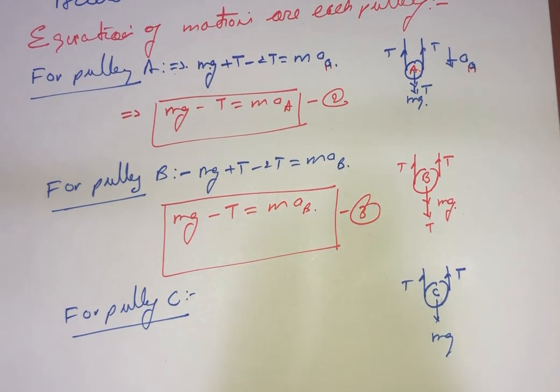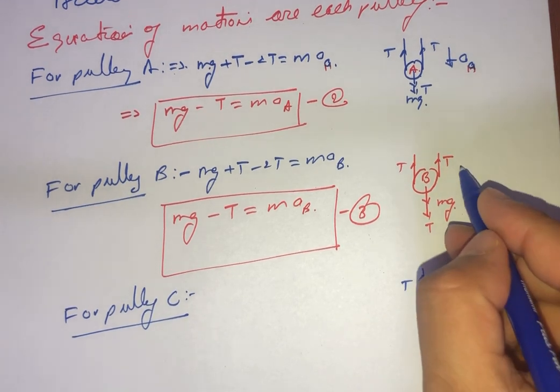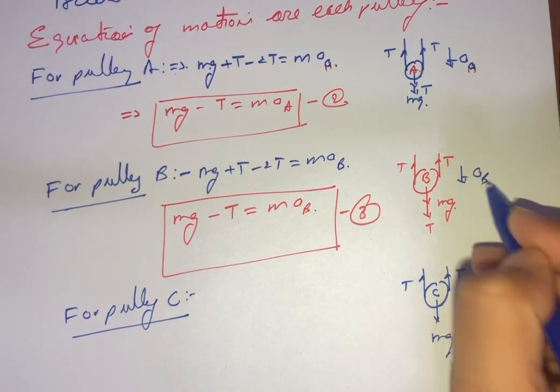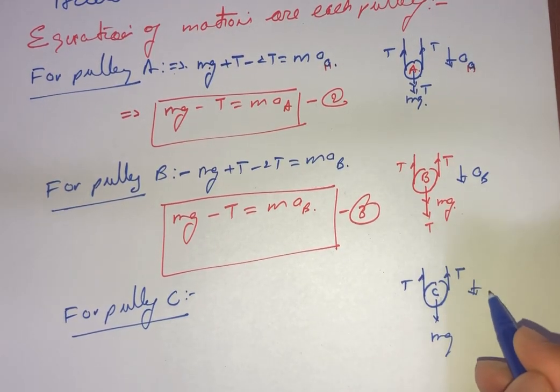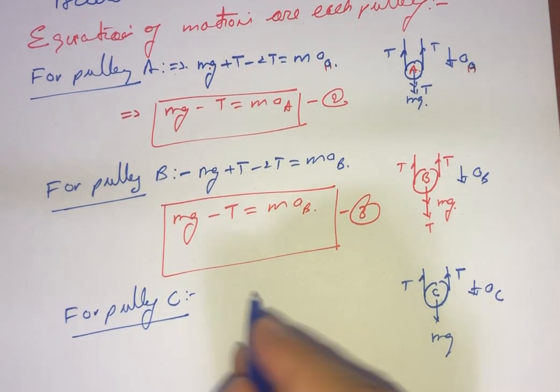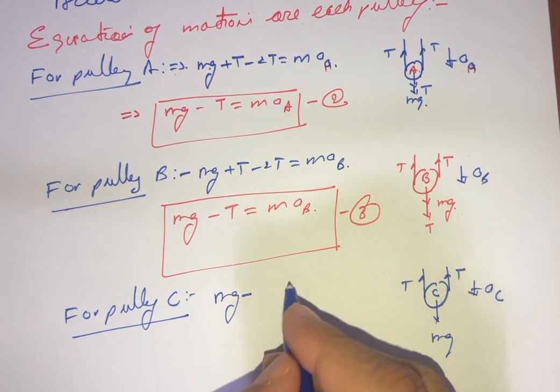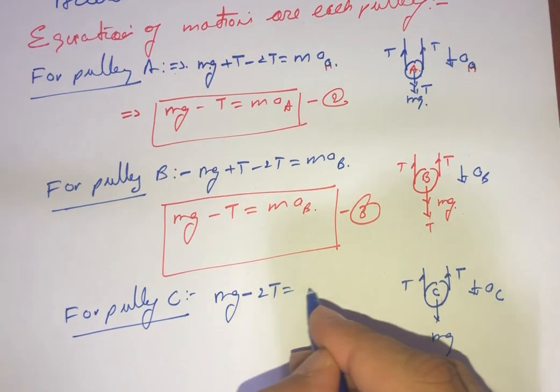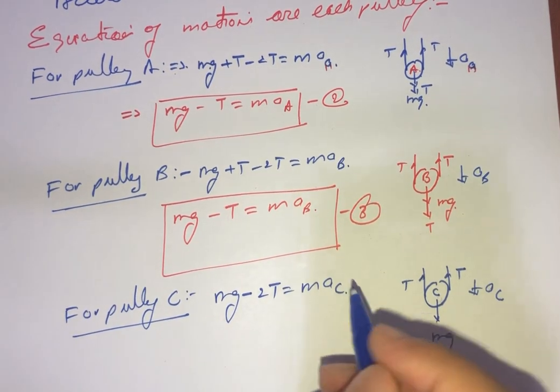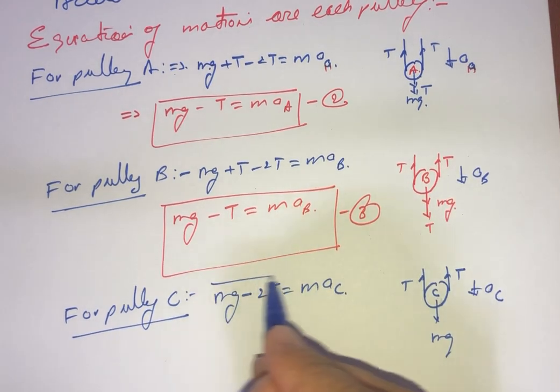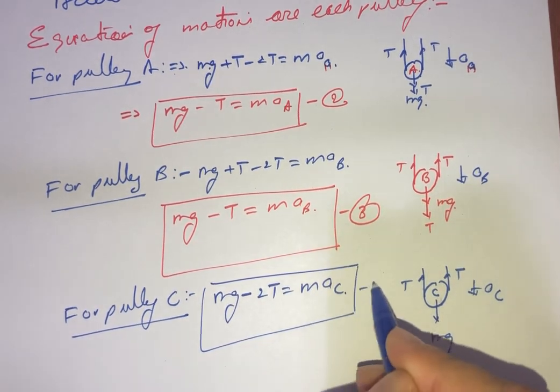Sorry, here I missed it, acceleration is AB in the downward direction, and this also has AC in the downward direction. So the equation will be coming as mg minus 2T is equal to MAC, and let this be equation number 4.